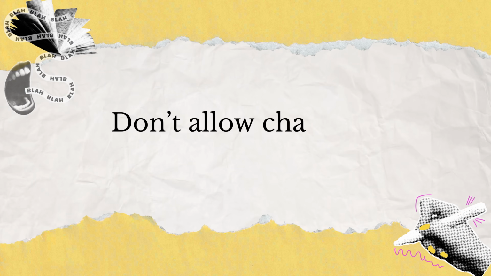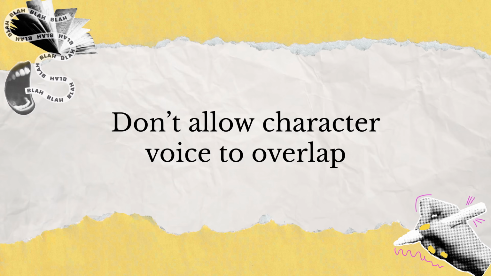But here's the biggest mistake writers encounter when it comes to making multiple characters, multiple cheat sheets, different voices that we're switching between. Don't allow character voice to overlap. You can check this by writing out your 2 character voice cheat sheets for your dual narrators and looking at them side by side and seeing if there already are some places where they are accidentally overlapping.